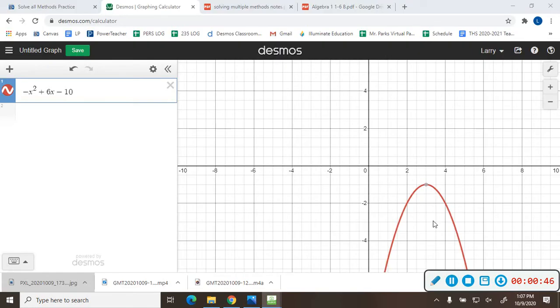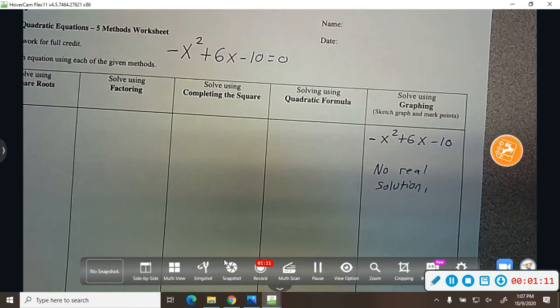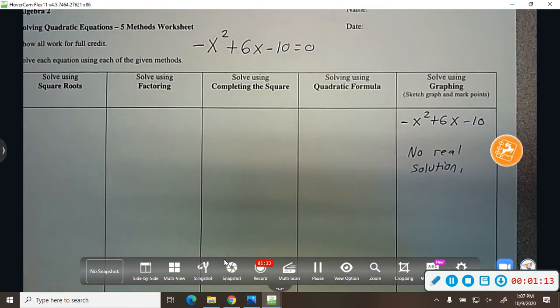So I just graphed this, and I'm looking, when does this cross the x-axis? Well, it doesn't in the real number system. So for this one, I'm going to put no real solution. And there is a solution.